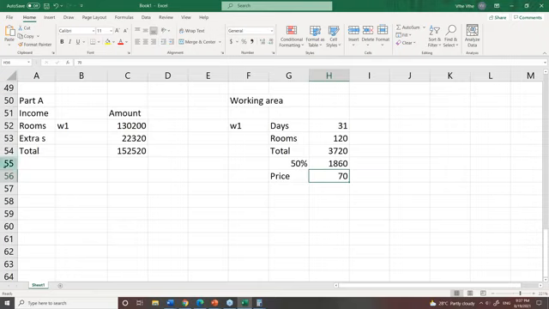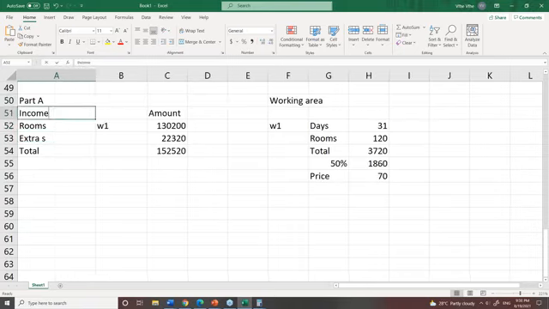Okay, that's fine. Let's now move towards the cost. So this is incremental income. This is incremental income. And this is now incremental cost.